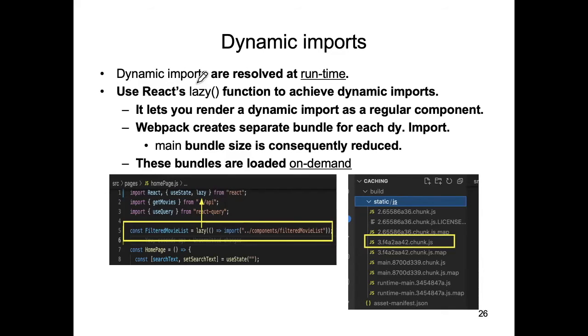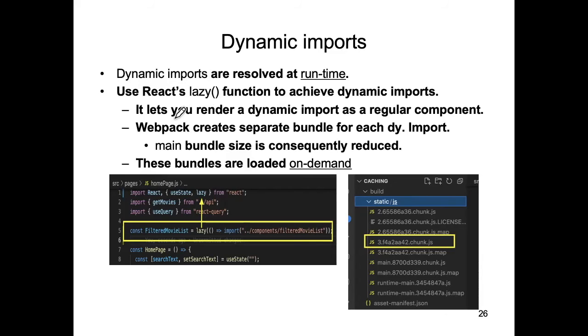React provides a special function called the lazy function. And that essentially allows us to treat an import of a component as if it was an ordinary import, even though, well, we'll see how it works in a second. So what I'm saying here is that it lets you render a dynamic import as a regular component, as we'll see.